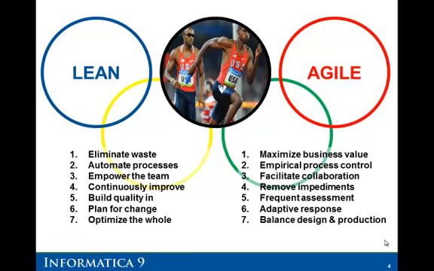Third, Agile requires much better collaboration between management, the customer, and the development teams, as opposed to this throw it over the wall and wait and see approach. And then it's important to be able to, once again, empower the team.